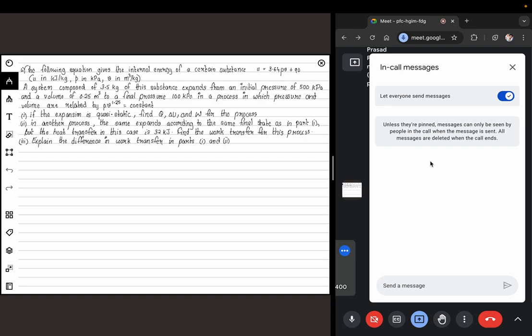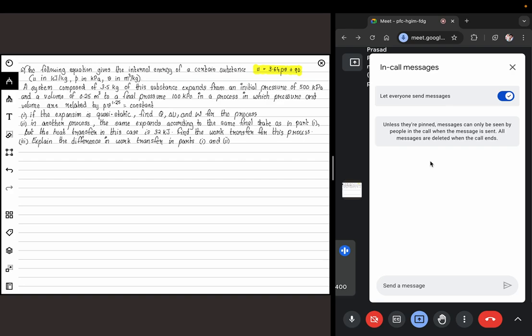So here we have a new equation. Unlike all the problems that we have discussed up until now, here it says that the internal energy of a certain substance follows this particular relation, where the specific internal energy is given by 3.64 times PV plus some constant 90, where P is pressure and V is specific volume.